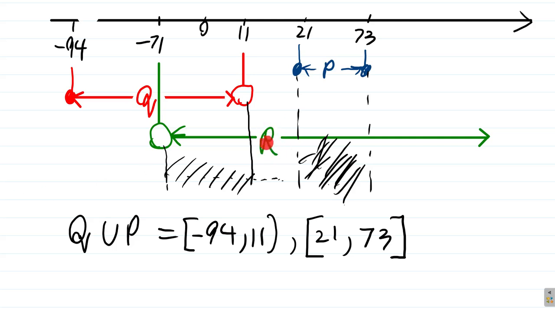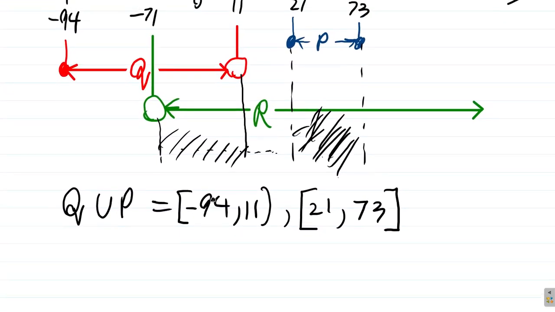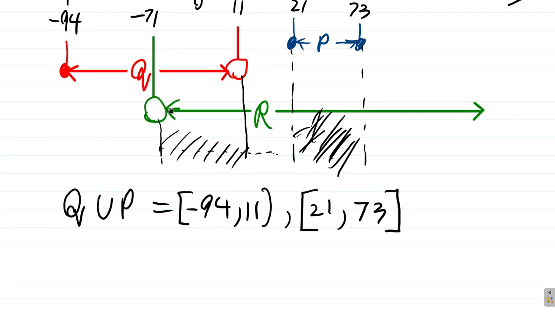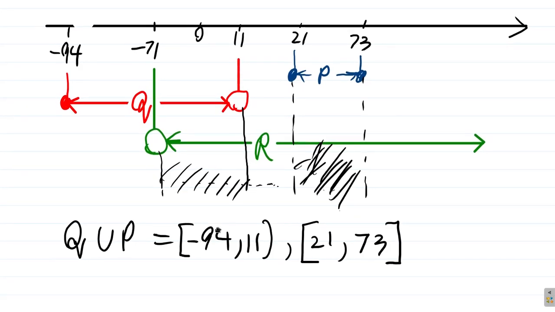But not this. This is empty for R. For Q union P, this is not there. Alright, so we can say we're going from negative 71 up to 11, and from 21 up to 73.